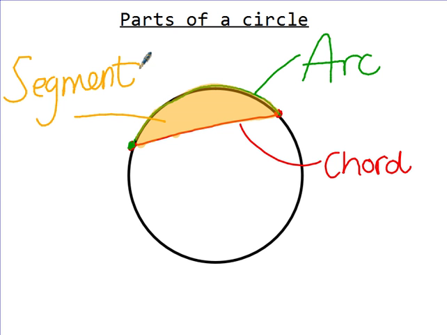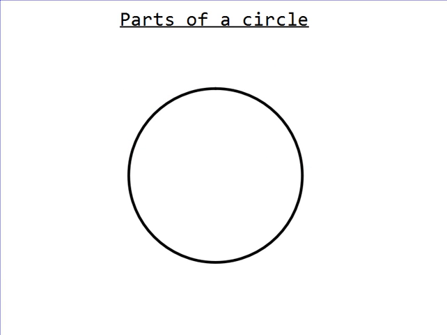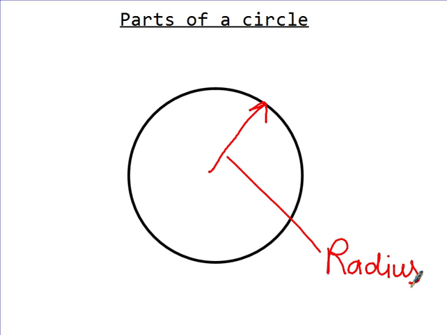So far we've done radius, diameter, circumference, chord, arcs, sectors and segments. The last thing we need to learn is tangent. Here I've got myself a clean new circle and I'm going to draw myself a radius, there in red. The radius joins the centre of the circle to a point on the circumference.